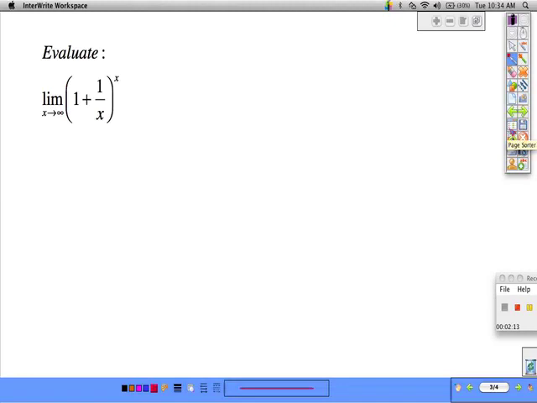Now, we're going to look at the limit as x goes to infinity of this. And you might look at this and say, well, how does L'Hopital's rule apply to this? We're going to do something a little bit unique with this.